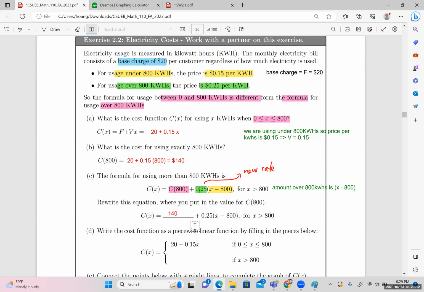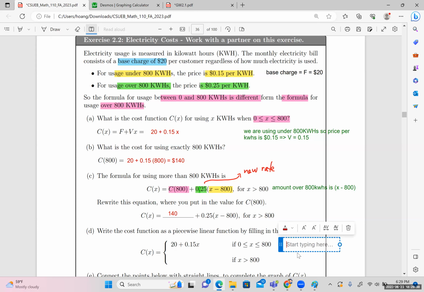So I'm going to write the cost function as a piecewise linear function by filling in the pieces below. As a piecewise function, I need a curly bracket, right?